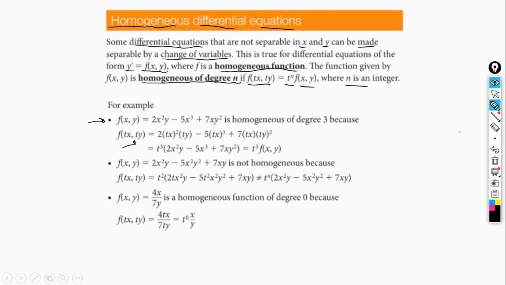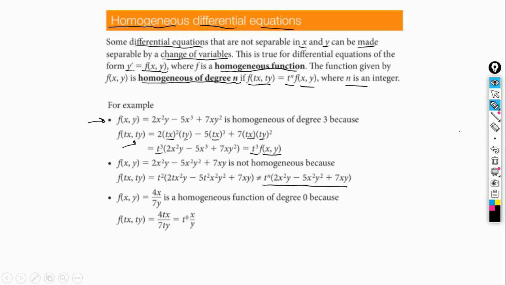So 2x squared y minus 5x cubed plus 7xy squared is homogeneous of degree 3, because if you, again, substitute x by tx and y by ty, you're going to get an expression where you can factor out t cubed, and it's in the form t cubed f of x, y. The second one, 2x squared y minus 5x squared y squared plus 7xy, is not homogeneous because you will not get an expression in this desired form by substituting x and y by tx and ty.